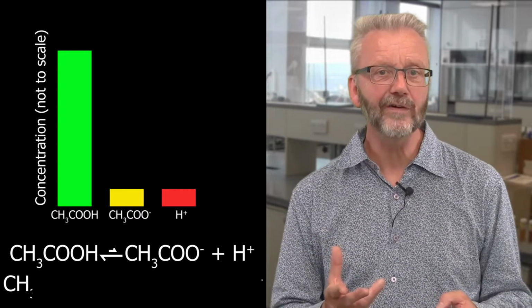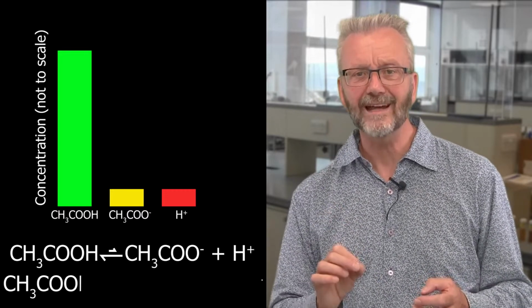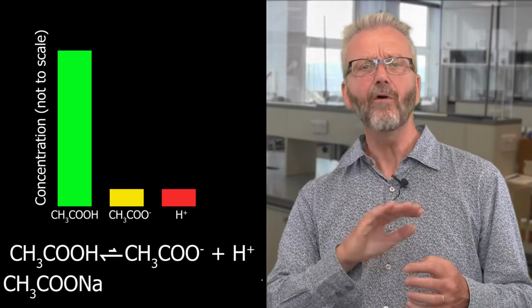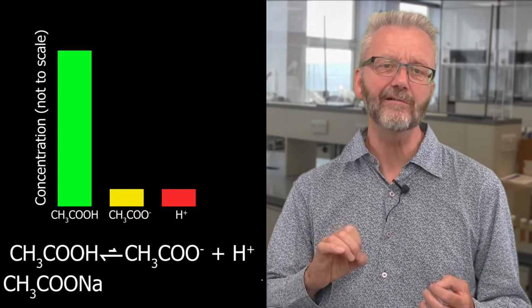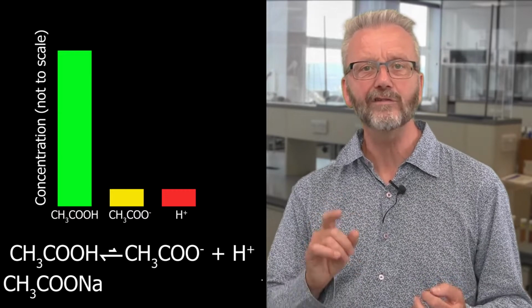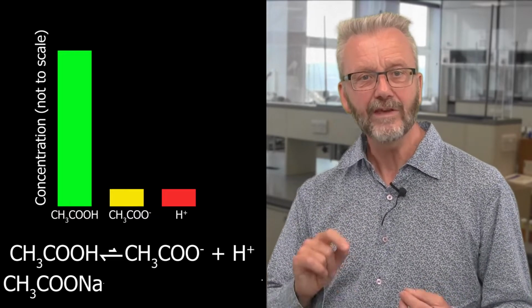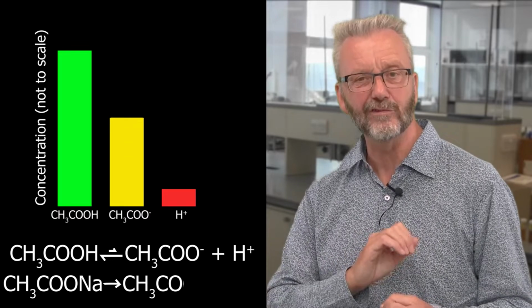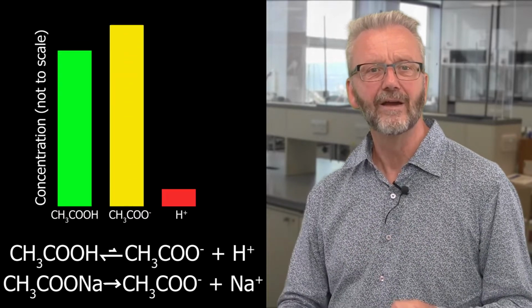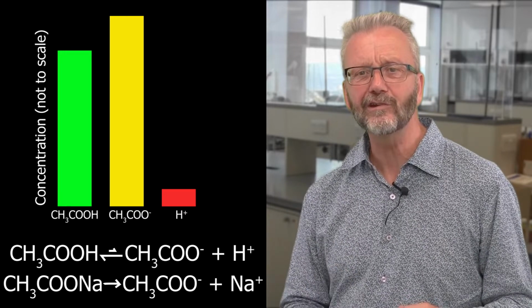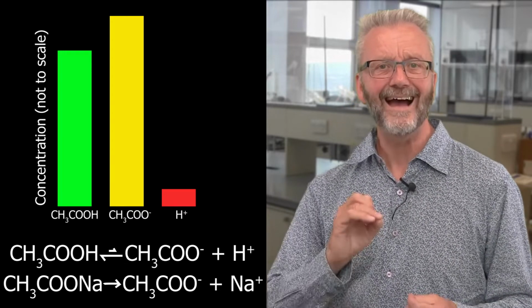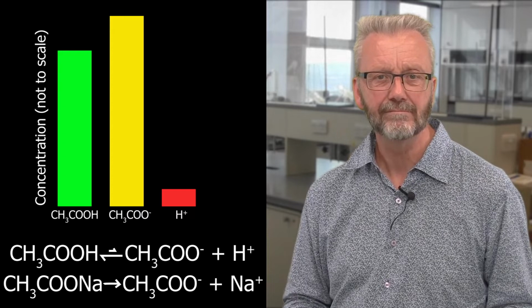The other component of our mixture was sodium ethanoate. This is almost the same molecule as ethanoic acid, but the hydrogen on the acid group has been replaced by a sodium ion. This means that all of the compound dissociates in water. 100% of this material exists in solution as ethanoate ions and sodium ions.